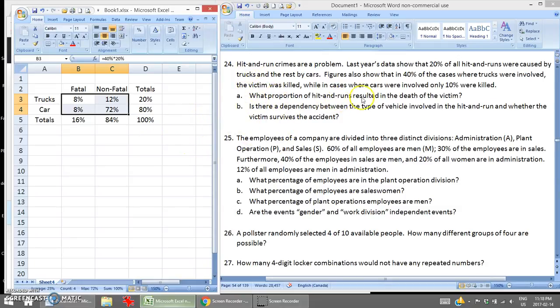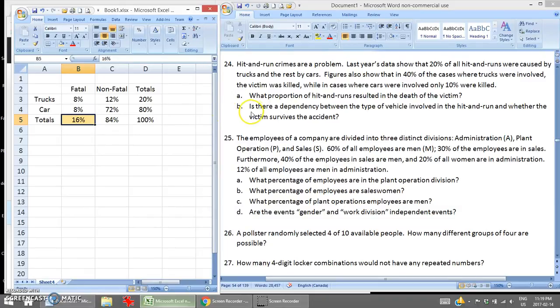24A, what proportion of hit and runs resulted in the death of the victim? Your answer is right there. 16% of all accidents, 8% from trucks and 8% from cars, resulted in fatalities. Now you might be thinking that you have the same probability of being in a fatal accident driving a truck or a car, but because it's not proportional, the values are telling us otherwise.